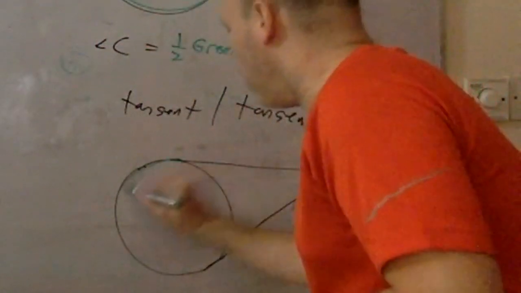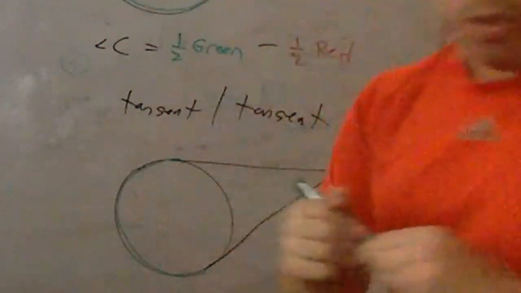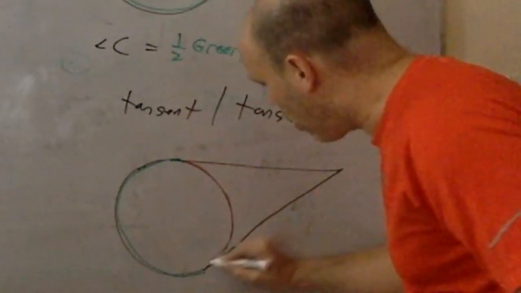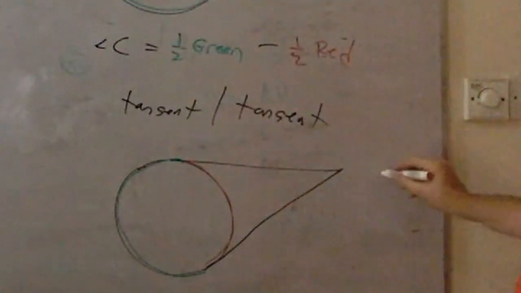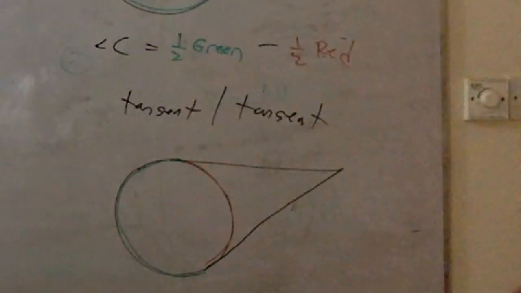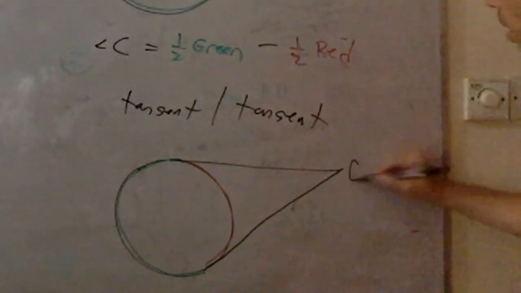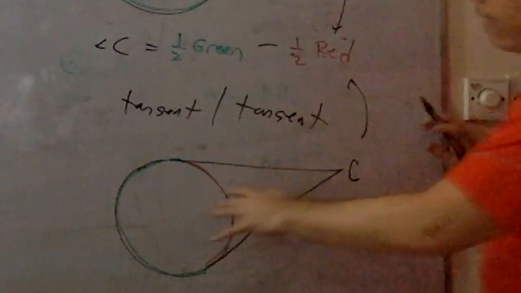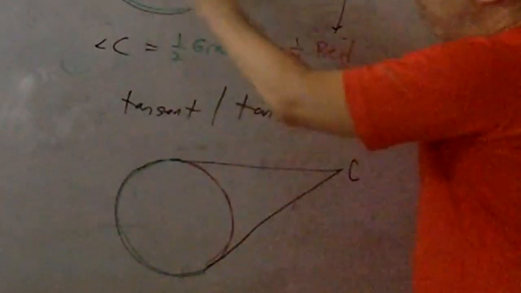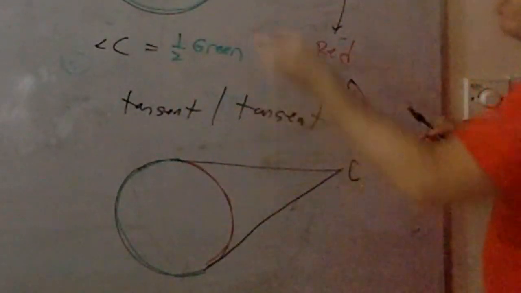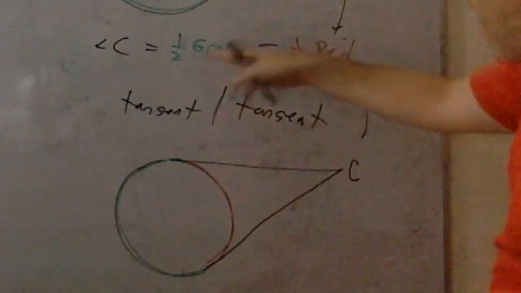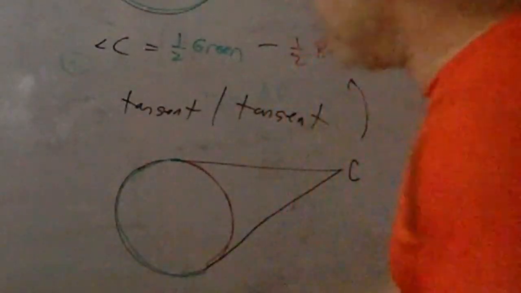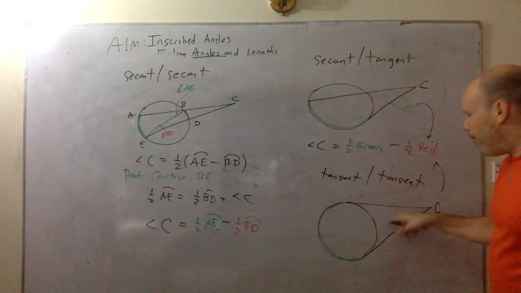Here's the green, here's the red, strictly out of the book, and here's angle C. So once again, these both use this formula. There's going to be a small and a large, and you subtract. So like 1/2 the green minus 1/2 the red, or you subtract the difference and take half of it.